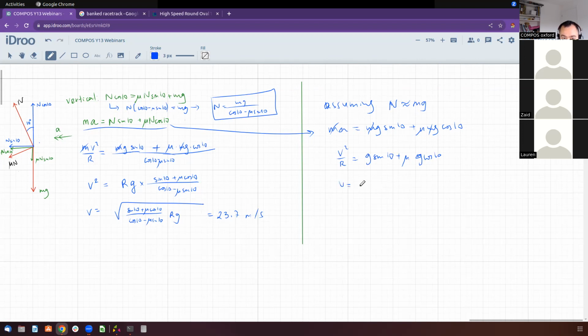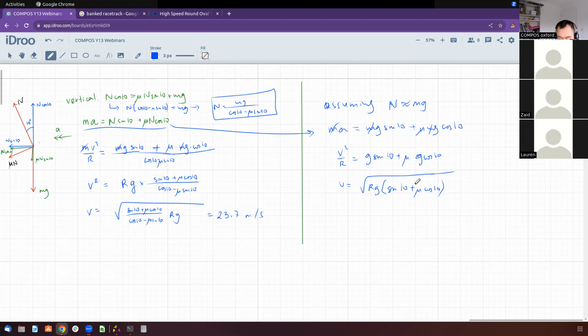So v is equal to square root of rg, open bracket, sine 10 plus mu cos 10. And as you can see, it's very similar, just without the cos 10 minus mu sine 10. Let's see what this gives us.